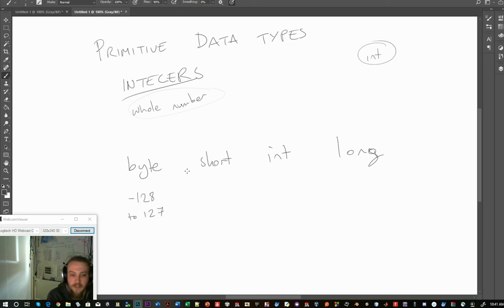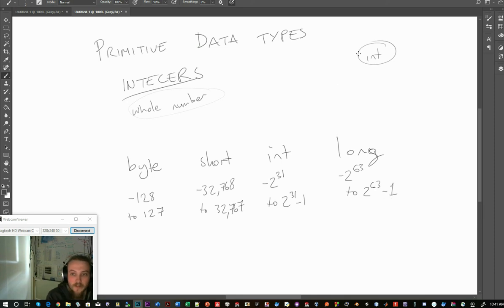Short, negative 32,768 to 32,767. The int can hold numbers from negative 2 to the power 31 to 2 to the power 31 minus 1, and a long negative 2 to the 63 to 2 to the power 63 minus 1.